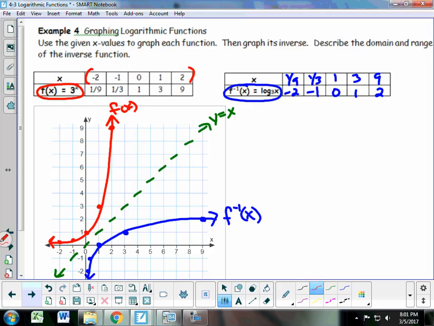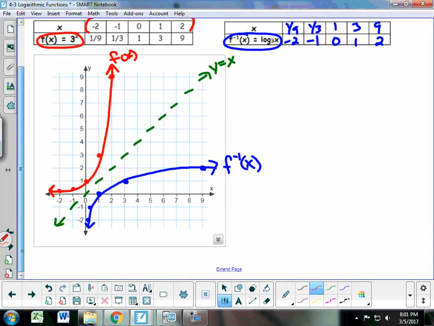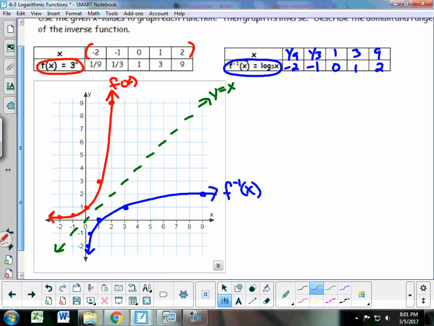So domain and range of, I'll just use colors. Red is my exponential one. So domain is all real numbers. Range of the exponential one is y values are greater than 0.